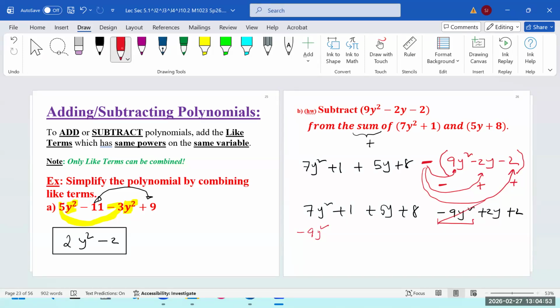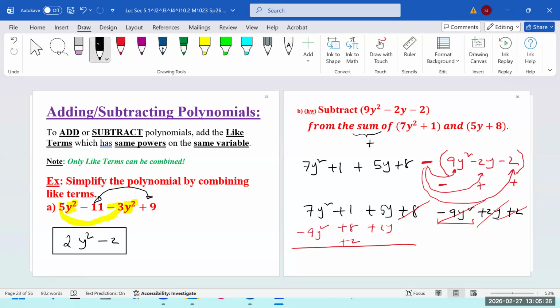I have two other numbers, one is plus 8 and another one is plus 2, so put them together. And then you have 5y and 2y, so write 2y below the 5y. So you can see clearly what the like terms are, and we can easily combine them. You don't have to do that. You can do everything mentally, but if you do that in the exam, you're not going to make mistakes.